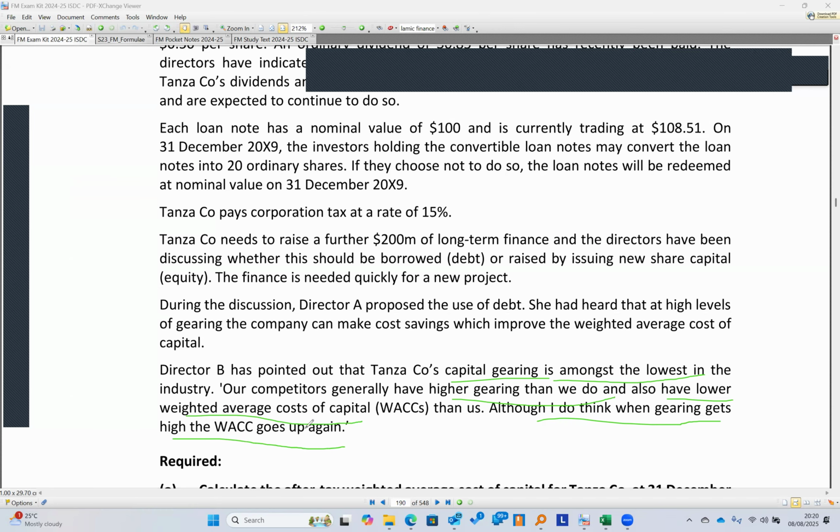Now, that theory they are looking at is the traditional way of looking at gearing and cost of capital.